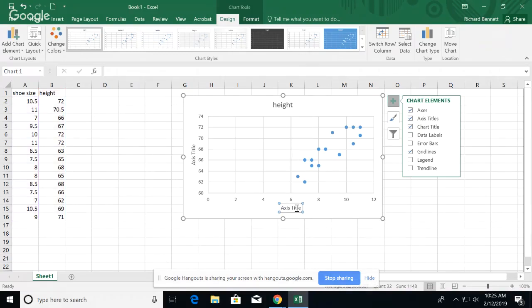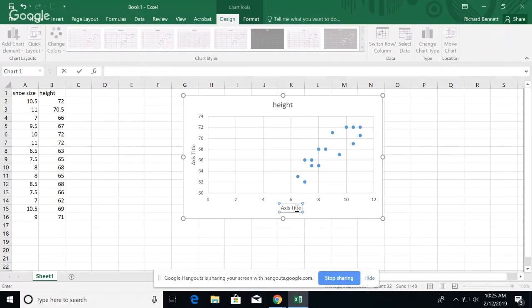So down here, what are we going to put? Shoe size. And over here, we're going to put height in inches. Move this down. Okay?